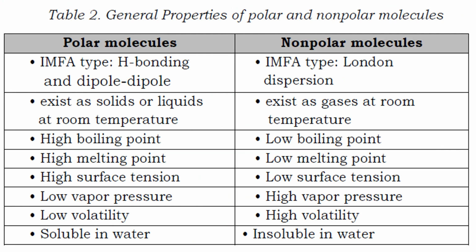So you have the polar molecules and the non-polar molecules. How do they differ? In their IMFA type: H-bonding and dipole-dipole for polar, and London dispersion for non-polar. So they also have their differences.